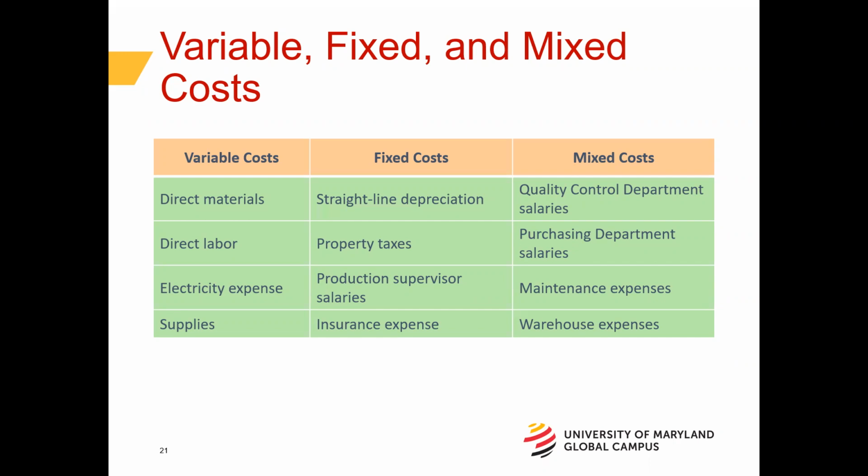Anything over that becomes variable. Warehouse expenses, as the quantity based off of your warehouse agreement changes, the expense increases after you've hit a certain capacity. I've seen that happen in business as well. Very interesting. So that's variable, fixed, and mixed.